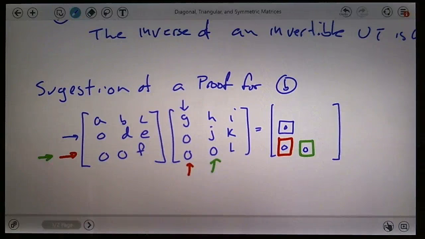Okay. So anyway, there is the idea behind how you prove that the product of two lower triangular matrices is lower triangular. You should do it more generally, and the book does, but anyway, there's the idea. I'm going to cut this video off at this point, and I will talk about symmetric matrices in the next video.